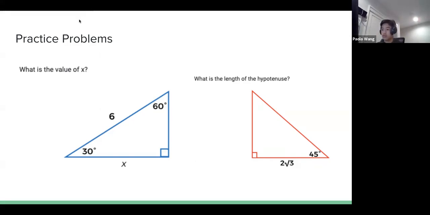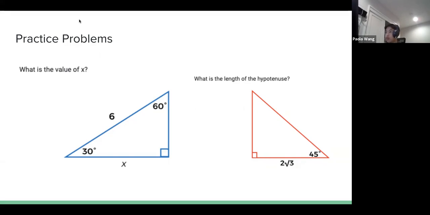Alright, so let's start on the first problem. For number one, you want to find the value of x. So you know that from a 30-60-90 triangle, the hypotenuse is equal to 2x, and the longer leg is equal to x root 3.